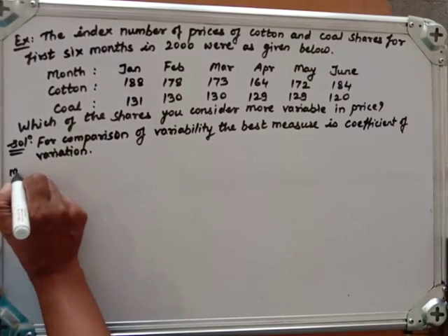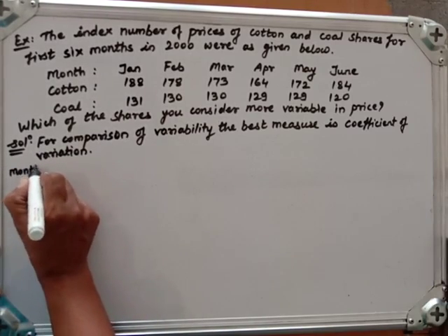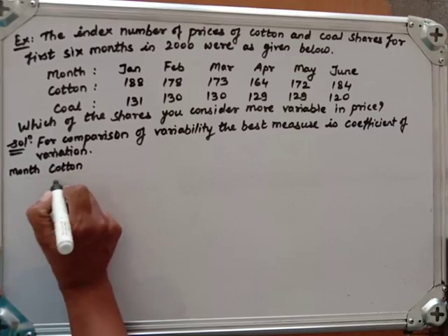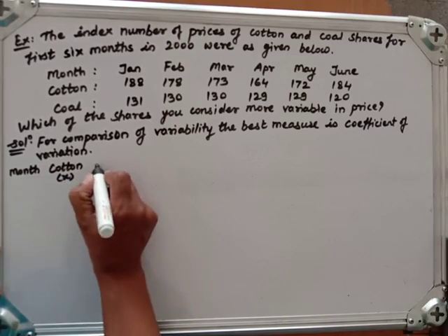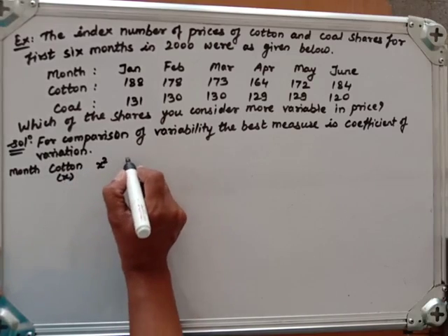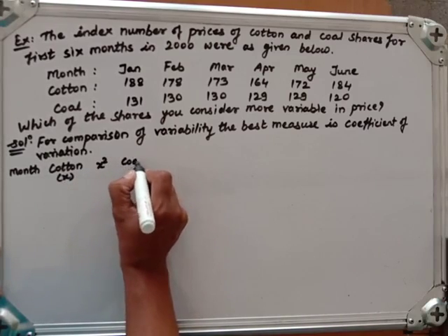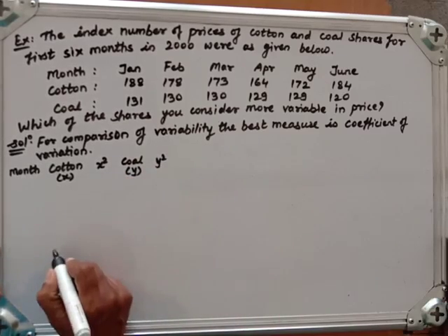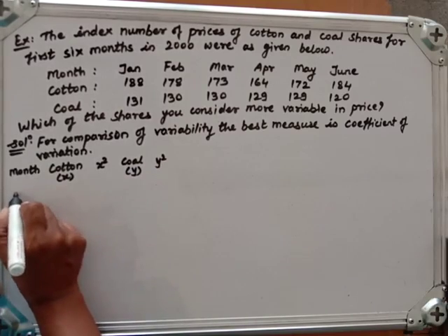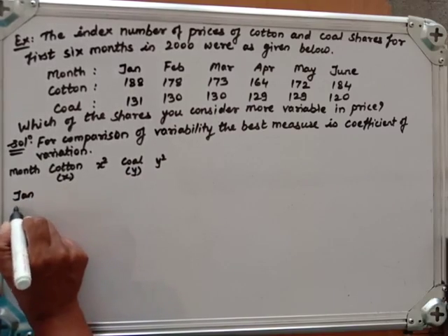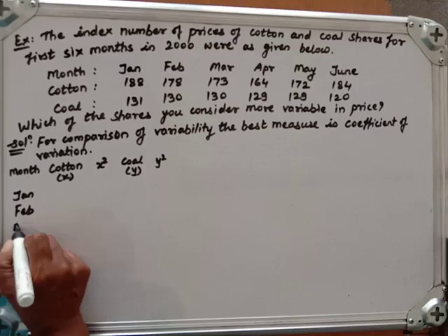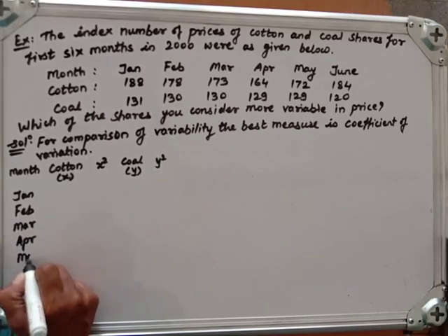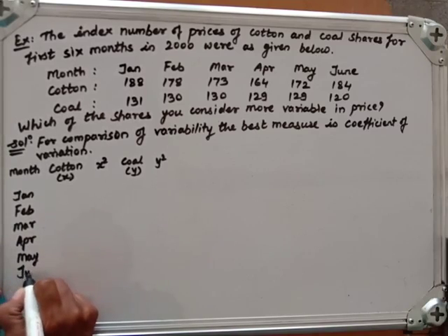So let me prepare a small table first. Month, and let us write down cotton, which we will denote by X. We need X square at that time. And let us write here coal, which we denote by Y, and we need Y square here. Fine. So the months are January, February, March, April, May and June.